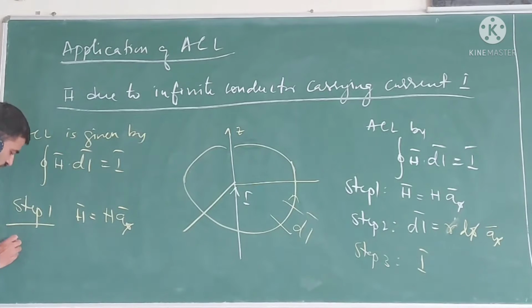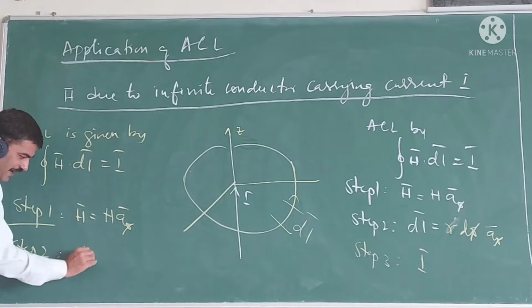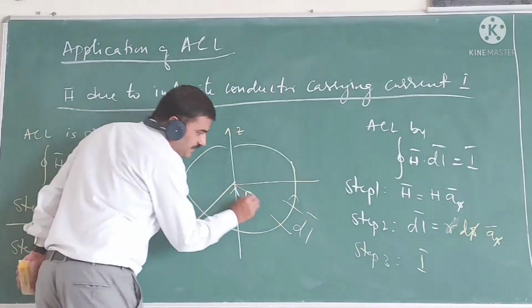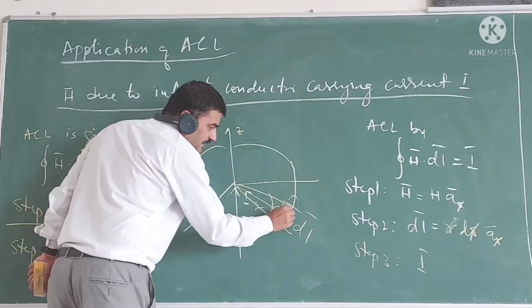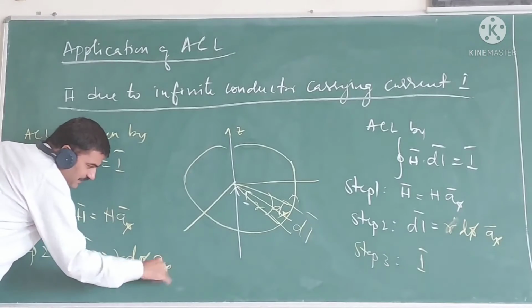Then step 2. What is dL bar for this arrangement? This is your dL bar. This is r and this is your d phi. So dL bar is r d phi a phi.